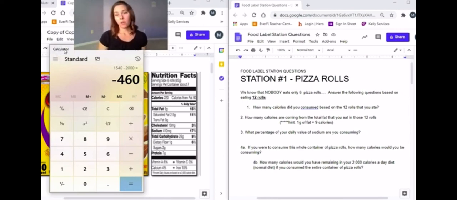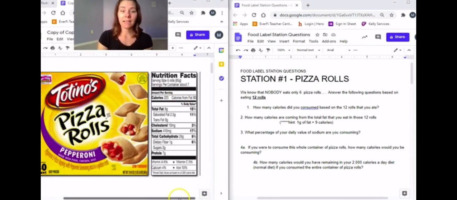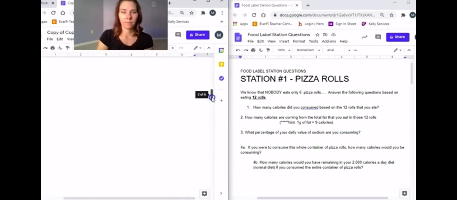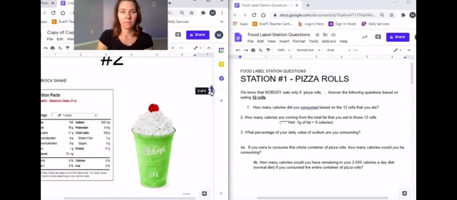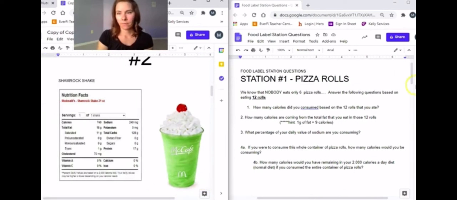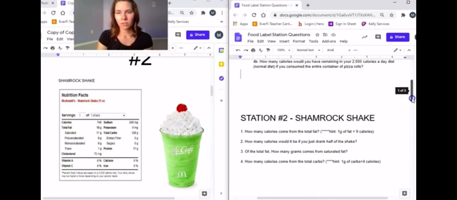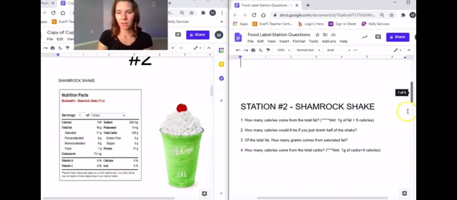So for what you all are going to do, you're going to take some time and answer the next label. The good old Shamrock Shake. Questions are pretty similar, except I threw carbs into this mix.